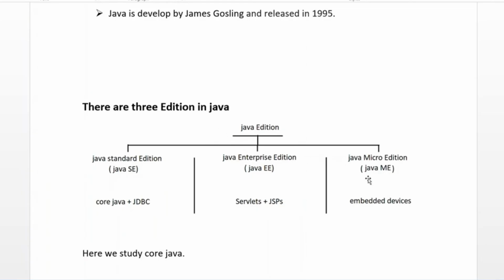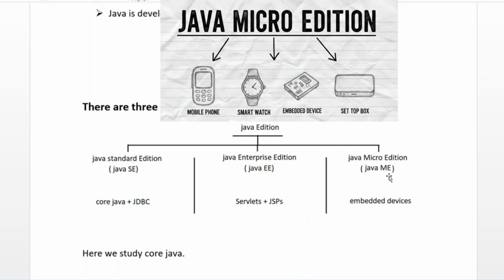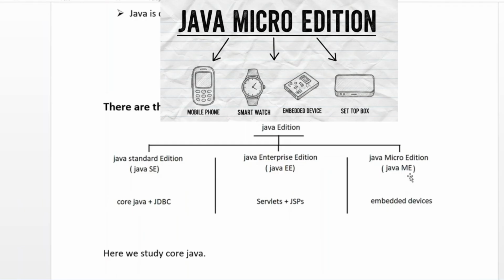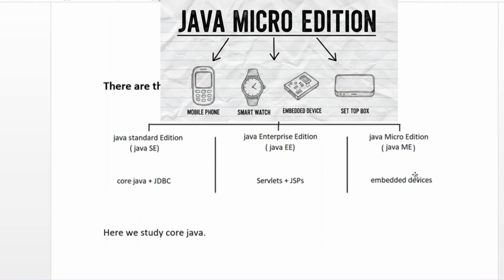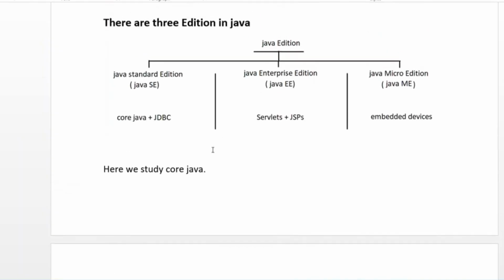Next is Java Micro Edition. In short, we say Java ME. Java Micro Edition, a subset of Java Standard Edition, is for developing applications for embedded devices such as smartwatches, televisions, set-top boxes, and many more. Here we study Core Java.